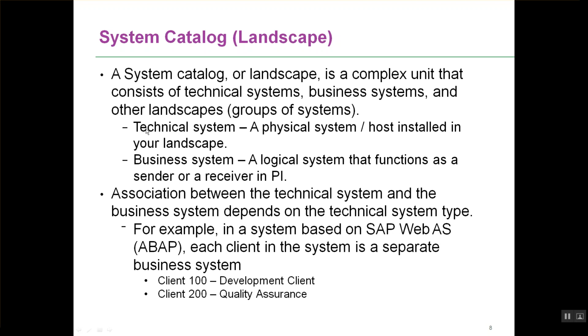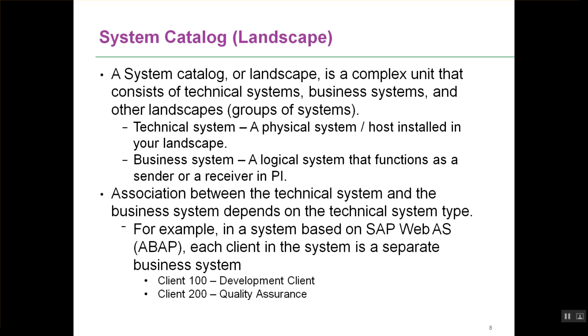So what does that mean? A software system catalog contains two components, a technical system and a business system. A technical system is nothing but a physical system or a host on which a landscape is installed. So let's take a case of a system in your landscape, your ECC development server.